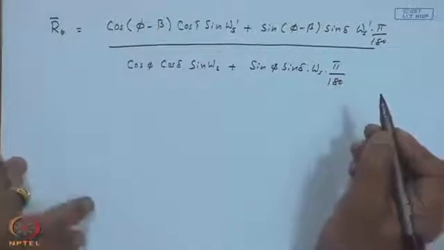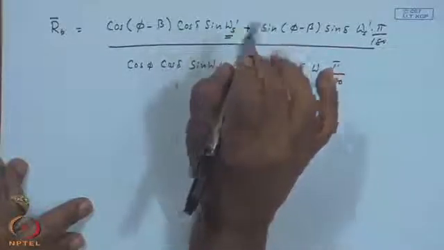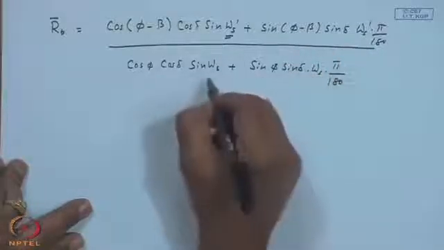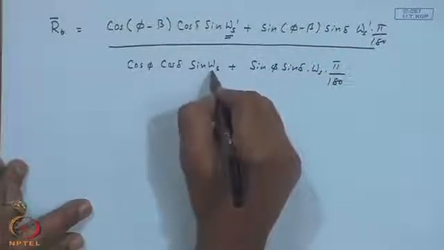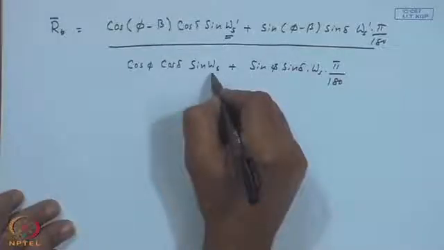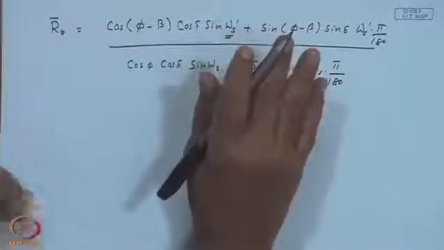Please note that the numerator is with the apparent sunrise sunset hour angle, so I am deliberately writing omega s dashed, and the denominator is with respect to the actual sunrise or sunset hour angle omega s. Simply because these are numerically equal, do not interchange them, that will become a bad habit.